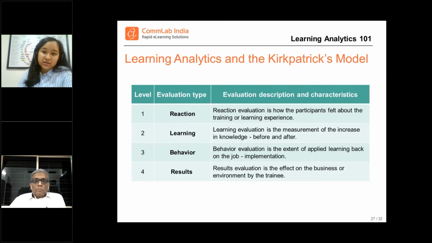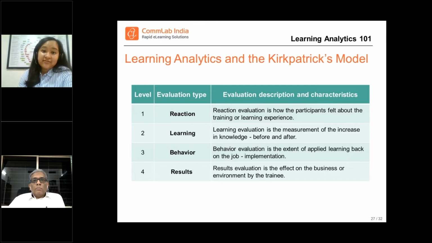When it comes to learning, which is level 2, it measures the increase in knowledge before and after. So you actually see the difference between what learners knew then and what learners know now, so that there's a clear difference between the learning levels. This is what level 2 of Kirkpatrick's model will evaluate.